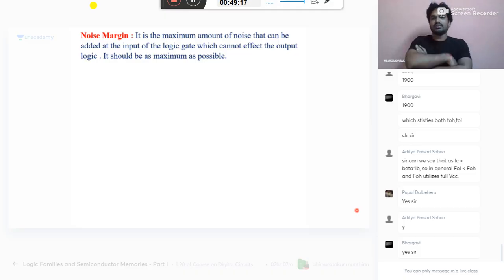What is noise margin? It is the maximum amount of noise that can be added at the input of a logic gate which cannot affect the output of the logic. It should be as maximum as possible.